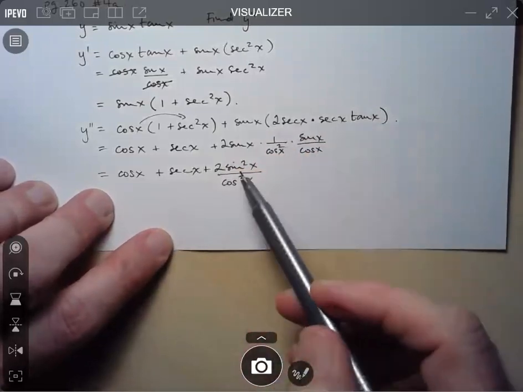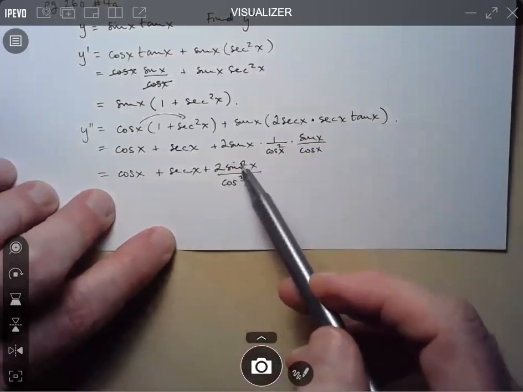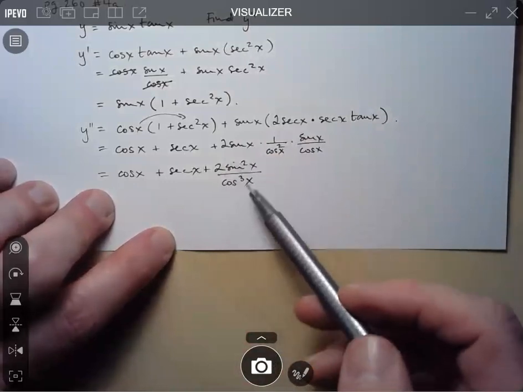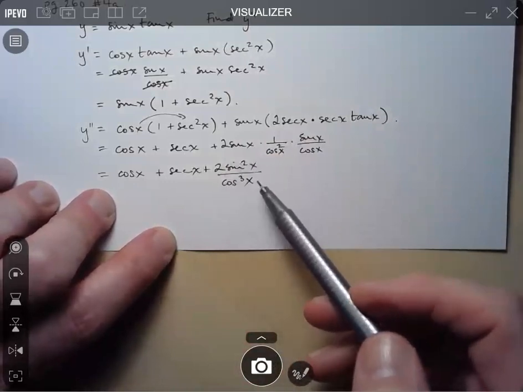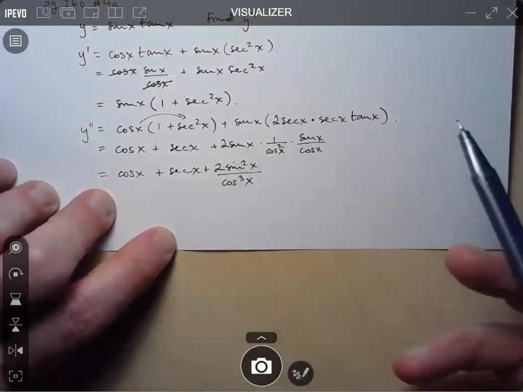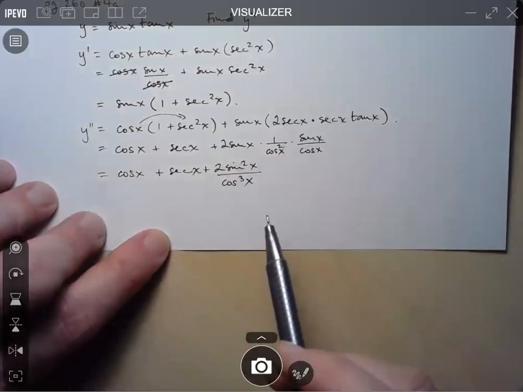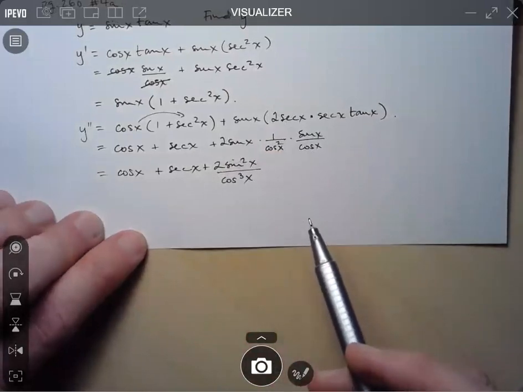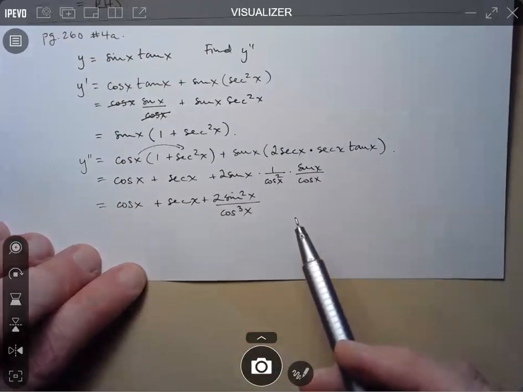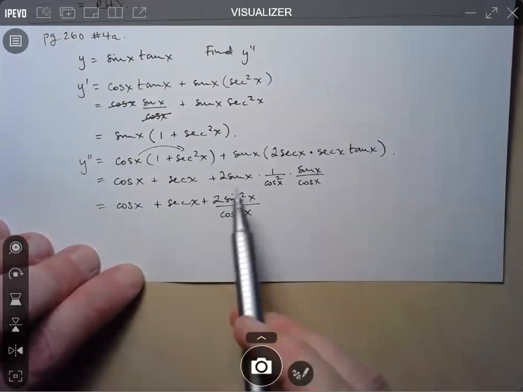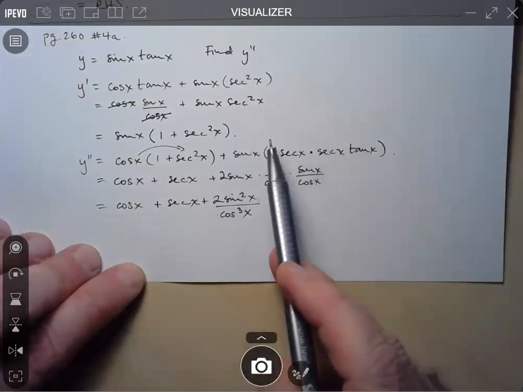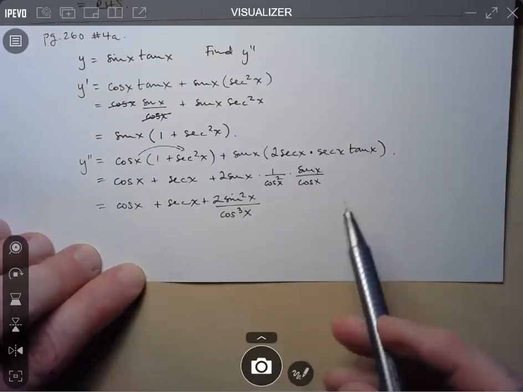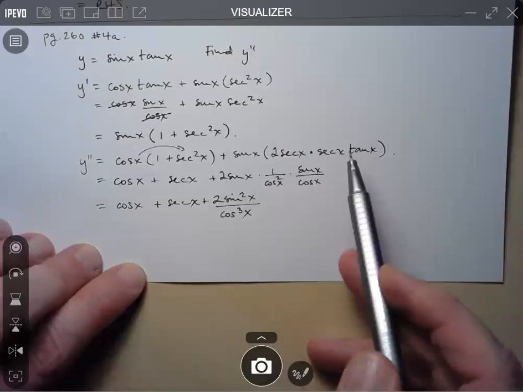You could turn this, sine squared over cos squared, into tan squared, and the leftover 1 over cos could be a secant. Which one is simpler is really more up to your feeling. Something like this, or even leaving it like this, just maybe putting the 2 in front, and bringing the secant squareds together.